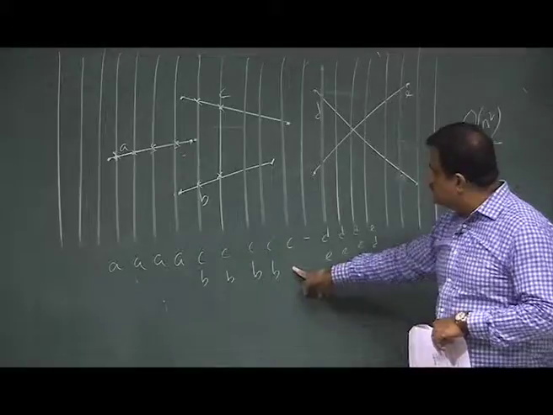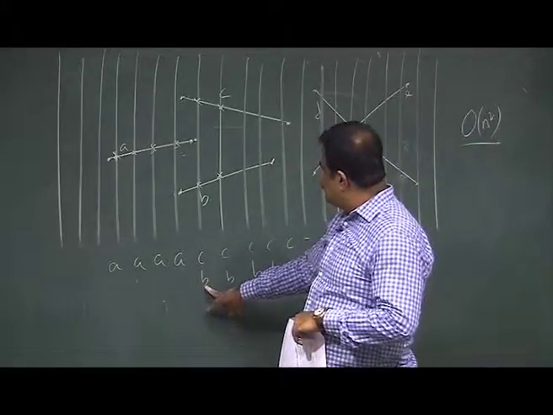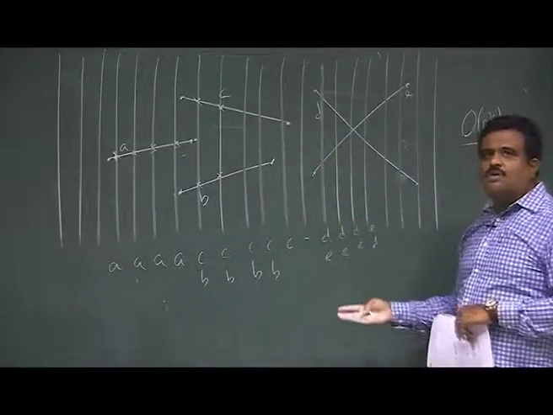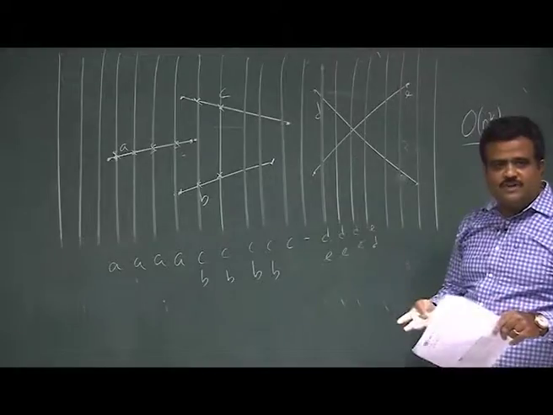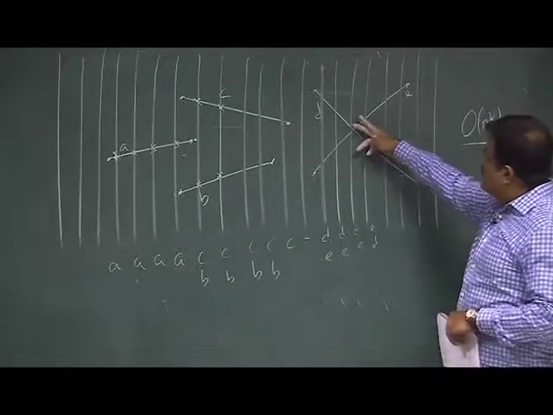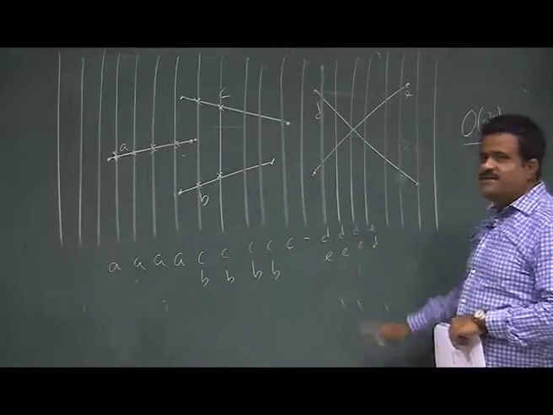Here there is a change because B has finished. Here there is a change because C and B have joined. So either a new segment is joining, or a segment is leaving, or they are crossing, they are intersecting. So we have interest here.